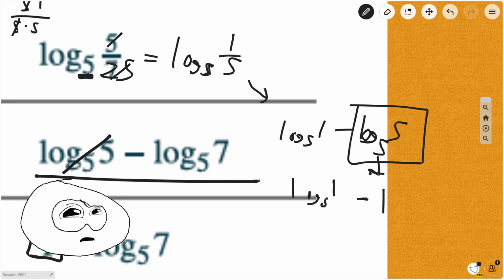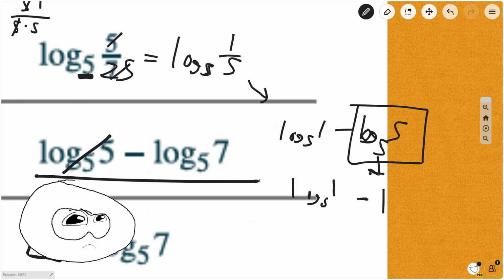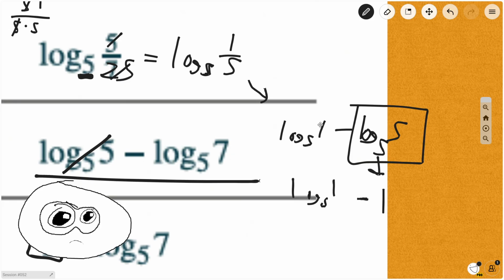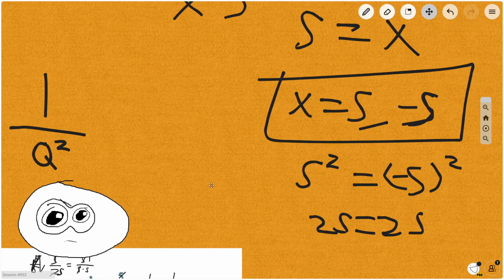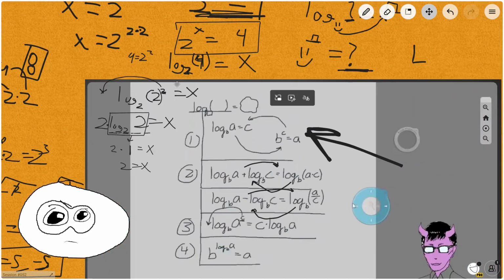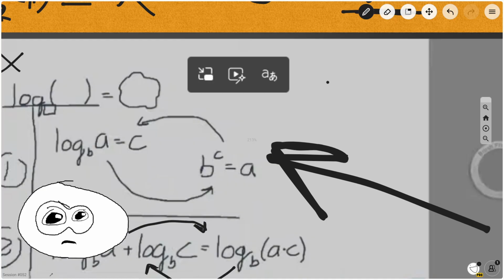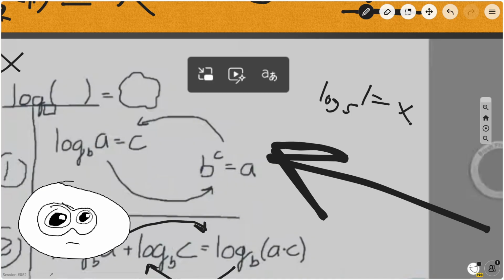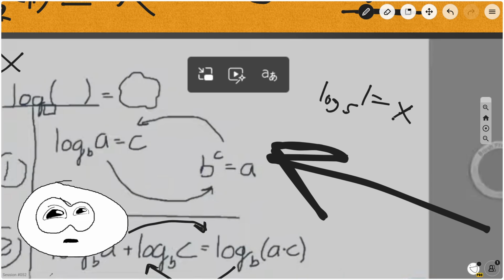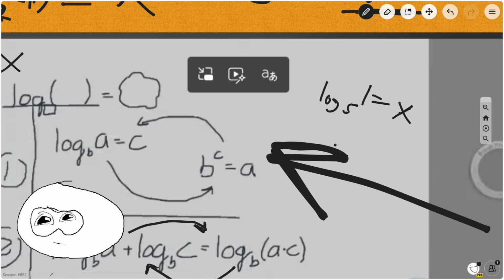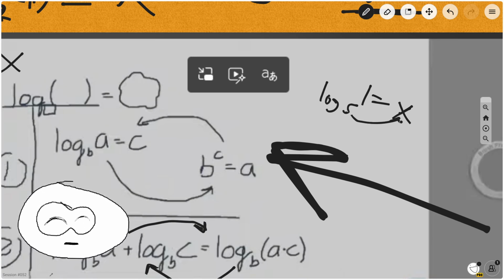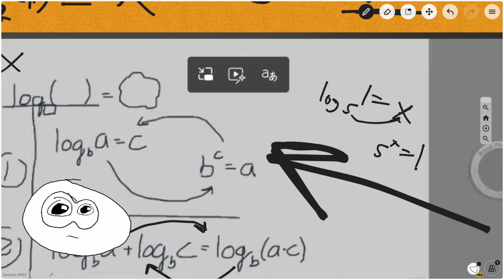I think that's an answer to something. Hold on. If we apply the same principle, log base 5 of 1 equals x, and we're trying to solve for x, what would this be turned into? Then, of course, we put underneath it 5 to the power of x equals 1.